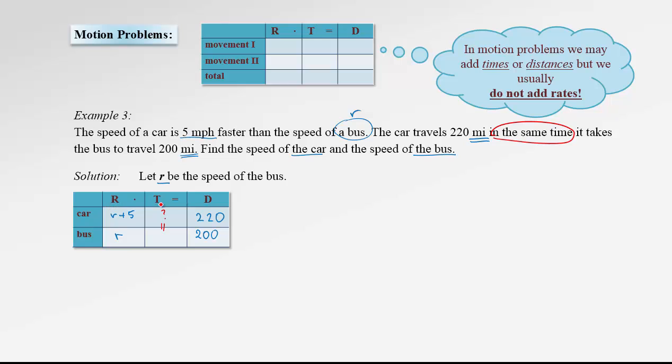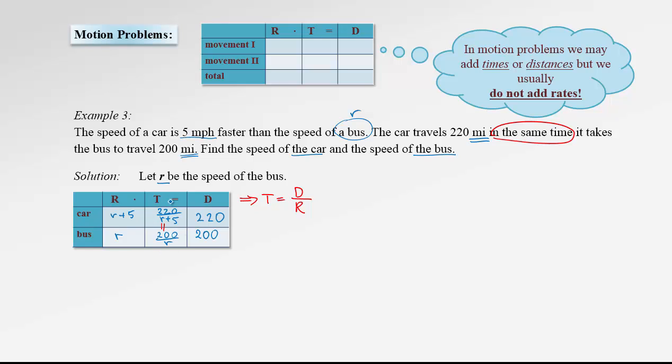Well, let's follow the formula that is written in the top. To find out time from this formula, what we need to do is take the distance and divide by rate. So let's follow this recipe. Distance over rate, 220 over r plus 5. In the bottom, again, distance over rate, it's 200 over r.